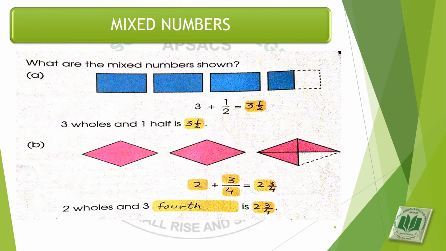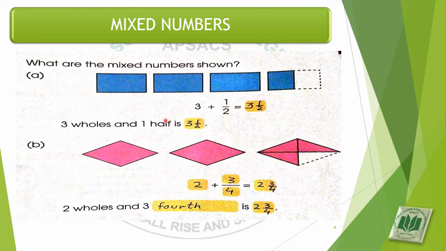Students, here we will solve a few more examples of how to write a mixed number. In example 1, what are the mixed numbers shown? Here, as you can see, 3 wholes and 1 half is present.